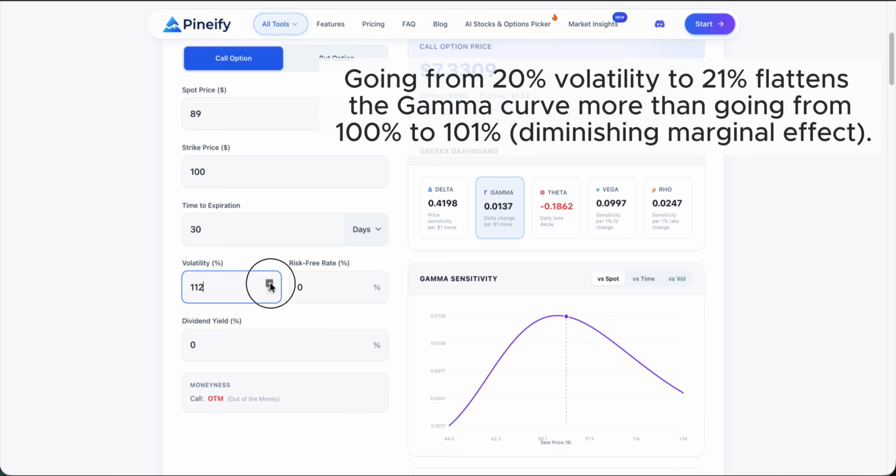But if we just, let's say by absurd, do this, you see that it becomes flatter. The gamma curve will become flatter and flatter.